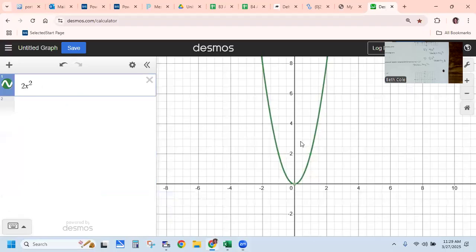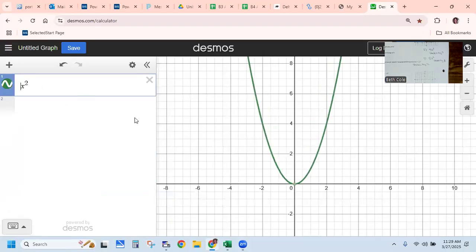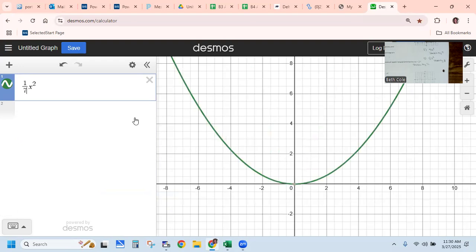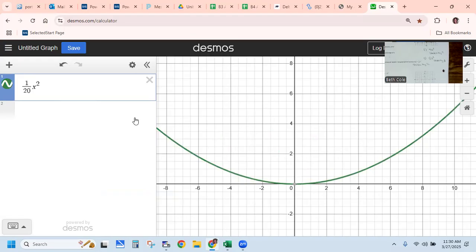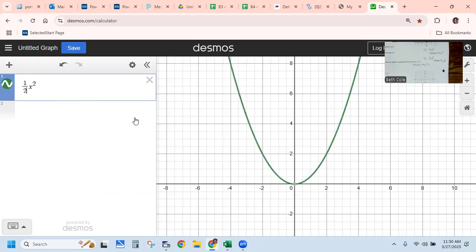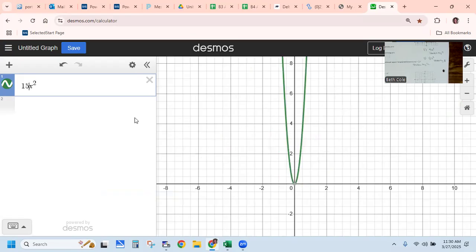Just look up here. I'm going to change it to a 1/7. Watch what happens to this graph. Do you see how it's really wide now? What if I made it 1/20th? You see that? What if I made it 15? See how it got stretched to 15 times its size? It's way taller now. That's all that's happening.